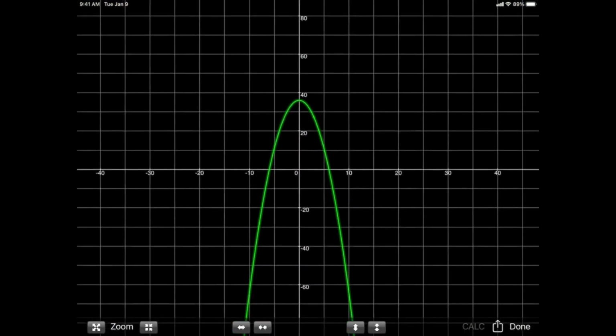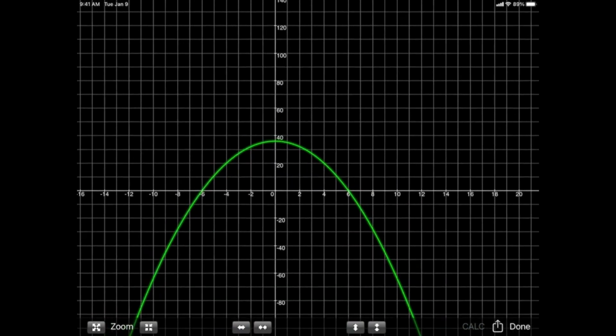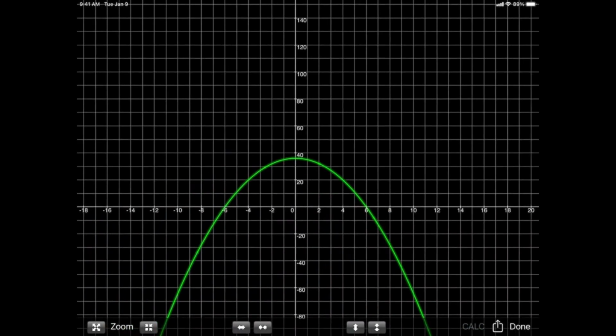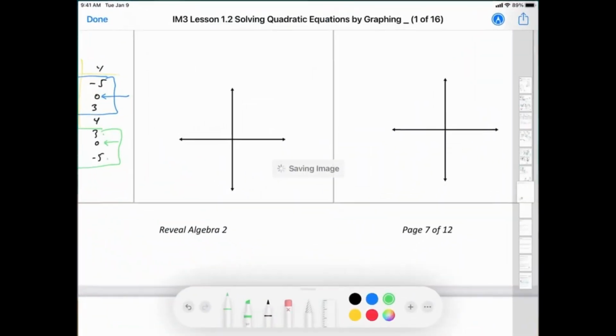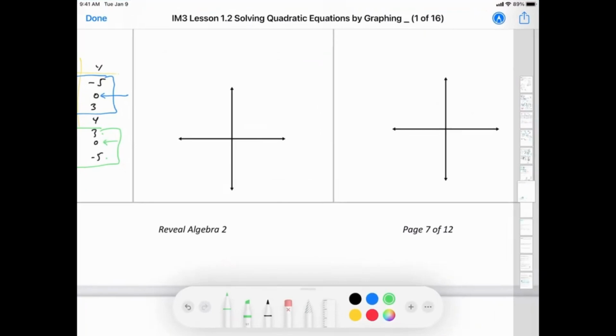Okay, you can zoom in and you can see that it actually goes through 6 and -6. And remember the C value in this case goes directly through that.